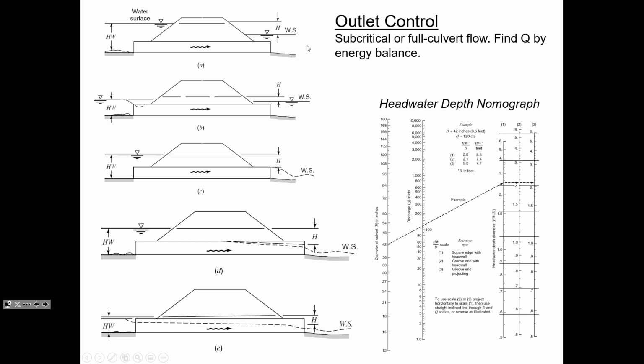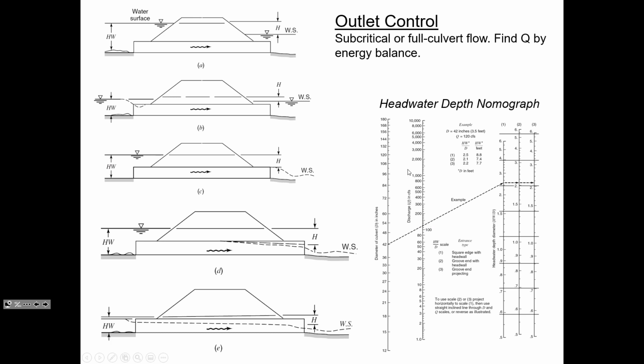In the old days, rather than using a program like HY-8, there were just books and books of equations that had been built into nomographs, where you would draw a line between 2 points and find the intercept. So if you knew the diameter of your culvert was 42 inches, and you knew, for example, what was going to be the headwater depth, so you'd go here, then you'd find the intercept, and that would allow you to predict what the discharge is.